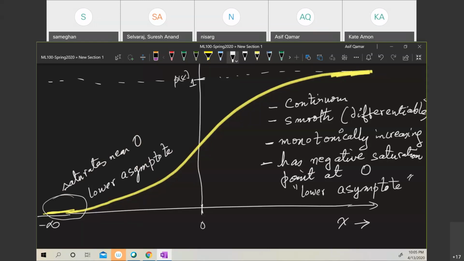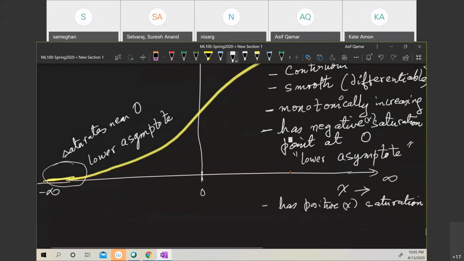And what about this point? At this point, when x tends to infinity, does it again saturate? It again has a positive saturation point, just as there is a negative x saturation, at p equal to 1.